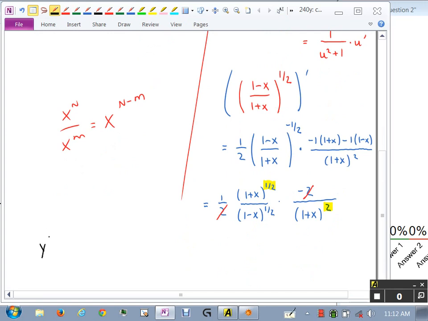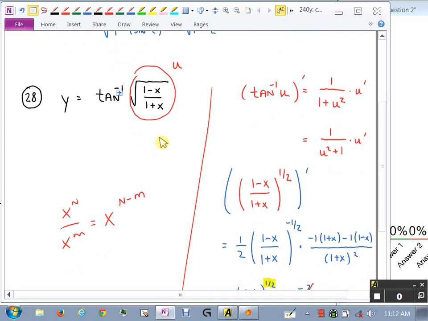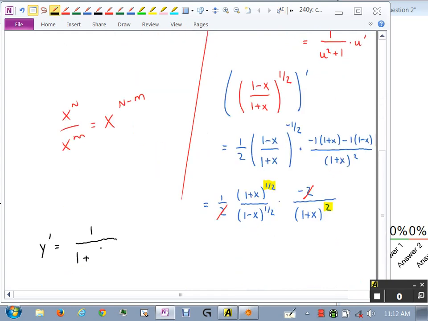So my derivative should be, first of all, it was 1 plus 1 over u squared, right? So 1 over 1 plus, now what was the u that I'm squaring? It's all this, right? Square it, and I just get negative 1 minus x over 1 plus x. So this is going to be 1 minus x over 1 plus x times, my writing looks all shaky, plus what?